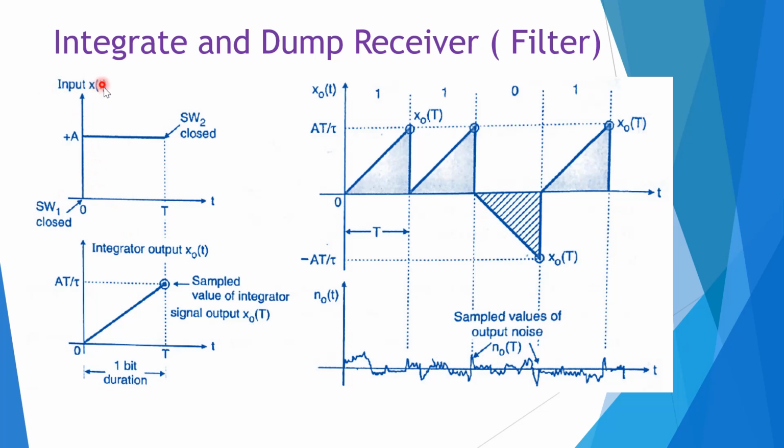If the input voltage is x(t) with plus A amplitude, as we have seen, switch 1 will be closed, and after this switch 2 will be closed at the bit interval T. At the same time, we can find the output voltage over 1 bit interval, that is this much, the sampled value of the integrator.